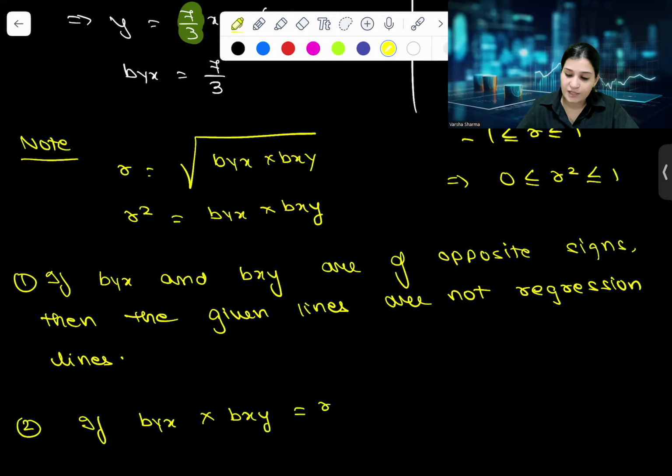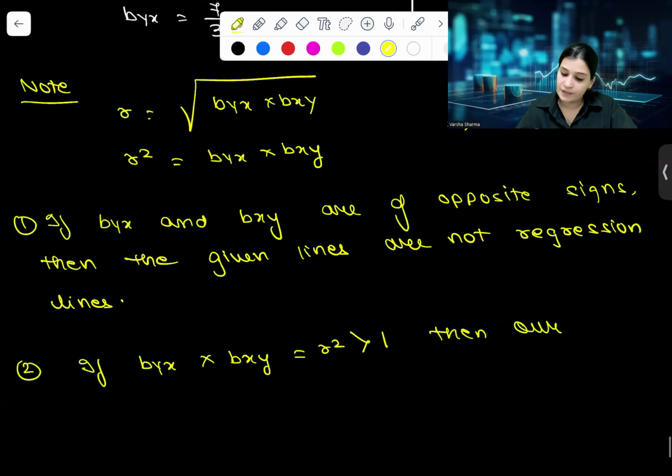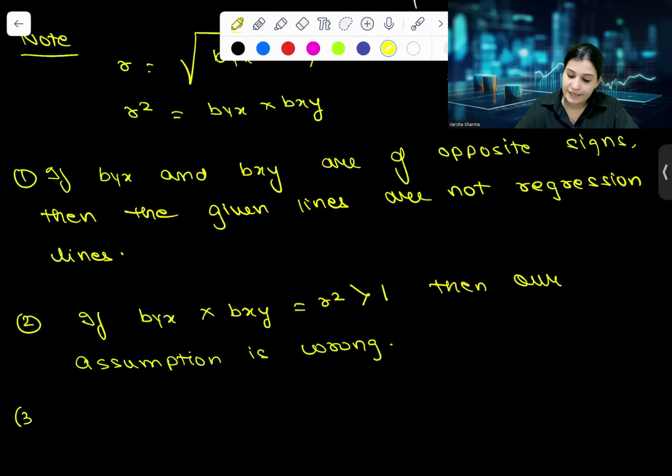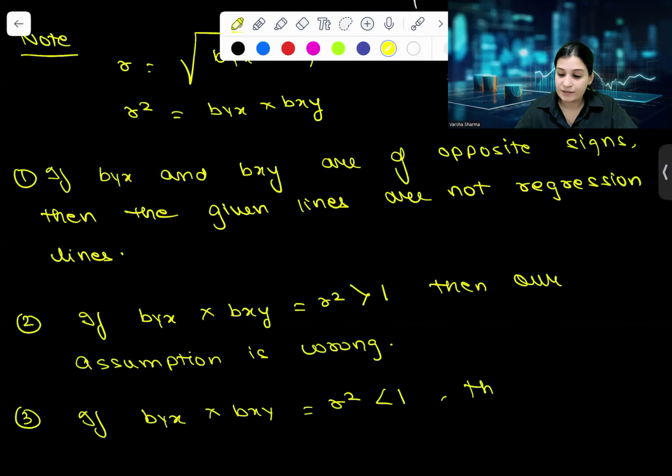The product is R square. If that comes out to be more than 1, then our assumption is wrong. And if the product, which gives us R square, is less than 1, then we are correct.